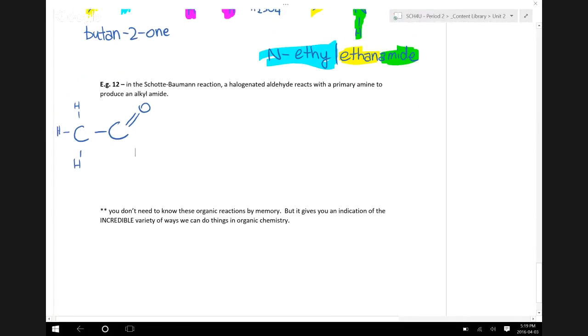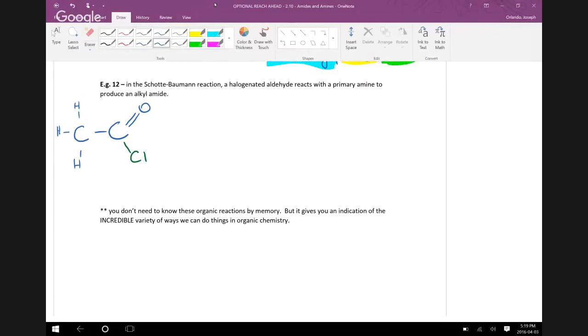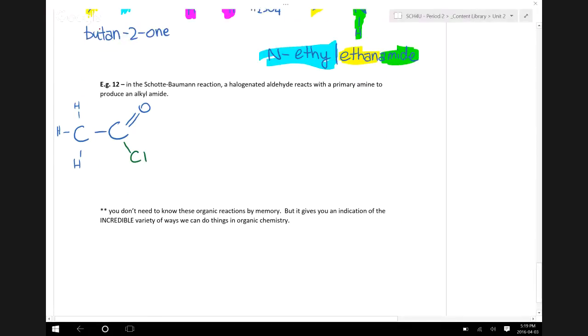So I'm going to look at an example where this is connected to chlorine, just like that. And we can react it with a primary amine, an amine. So something that has an NH2 on the end. And I'm going to take the simplest example, which is just methanamine.